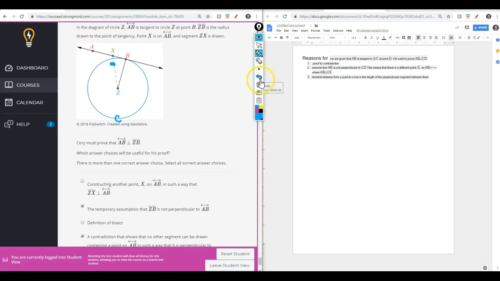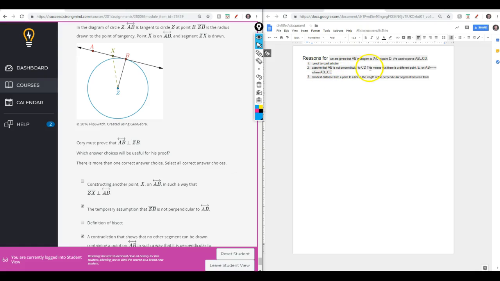So again, like I said, write down the proof. Find key information, copy it so that you can find the similarities between what it is asking in the other examples. And there was one more. They said to construct another point X on line AB in such a way that ZX is perpendicular to AB.